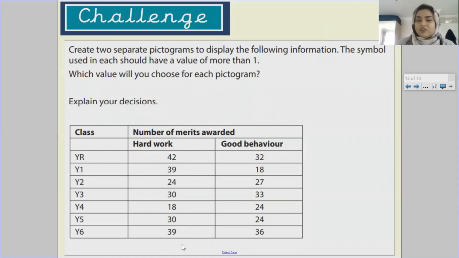Look at which timetable the numbers fall into, which will make it easier for you. So you need to make 2 separate pictograms, 1 for hard work and then 1 for good behavior, and do a key for each, a symbol for the key for each pictogram.